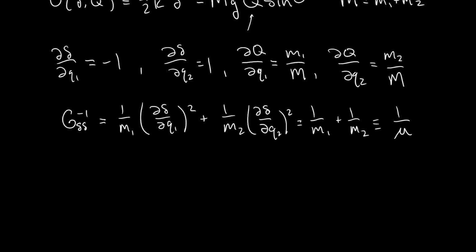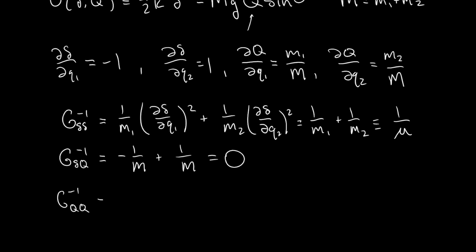For G delta q, again, just plugging derivatives into our transformation rule, we get something like 1 over big M. So our off-diagonal elements are 0, which is always nice. And G inverse qq is just m1 plus m2 over big M squared, which is just 1 over big M.